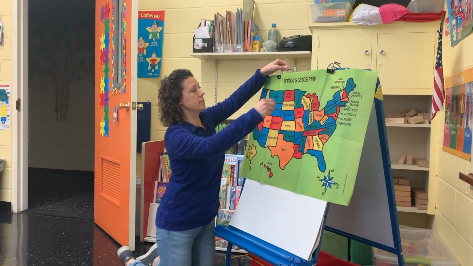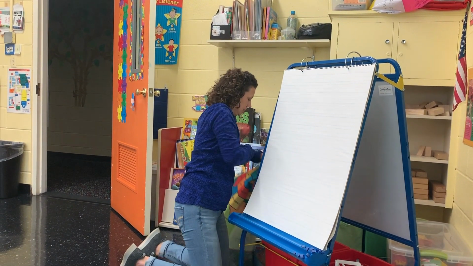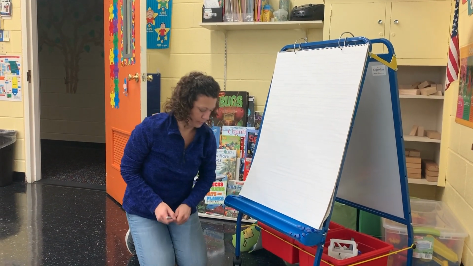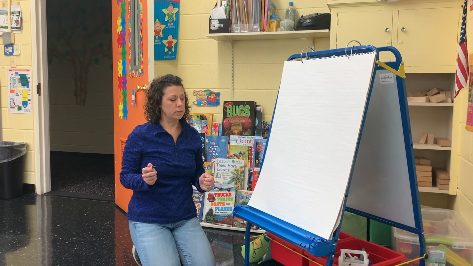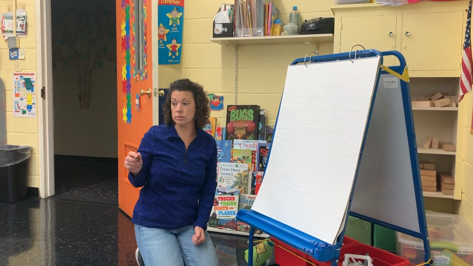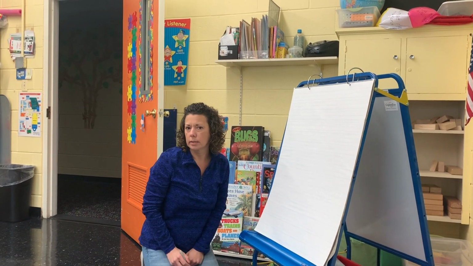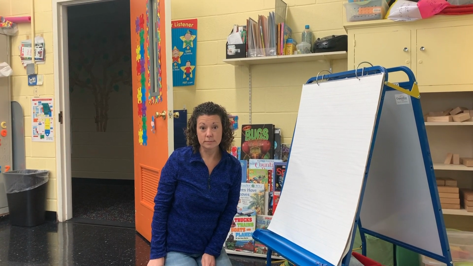So I'm going to get this out of our way. And now we have to make our own map. So first, I'm going to draw the shape of our room since our obstacle course was in the classroom. So what shape is our classroom? Is it a circle?